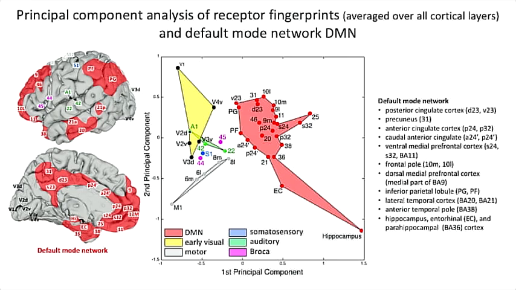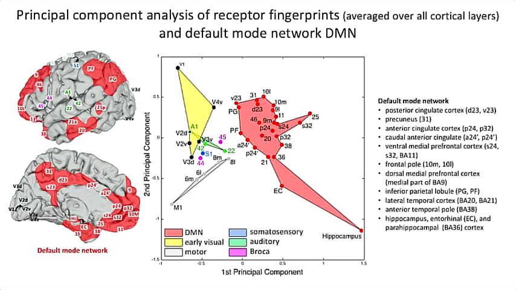And they are more similar to each other than the other areas in yellow or in green or in white, which are other systems of the brain. So the default mode system has a very specific receptor constellation, which is completely different from all the other areas and which is clearly separated by the principal component analysis.